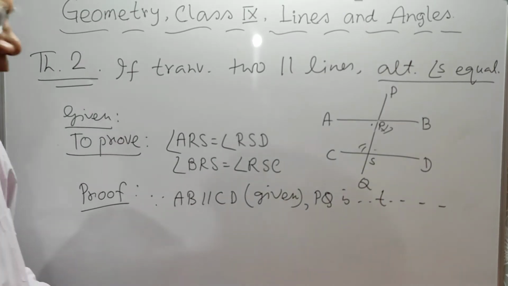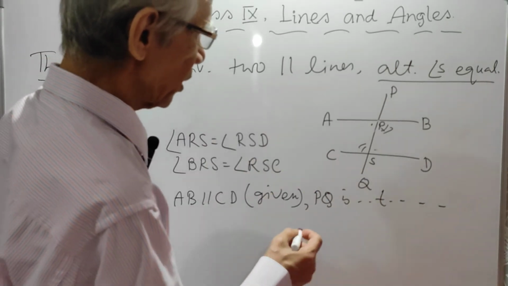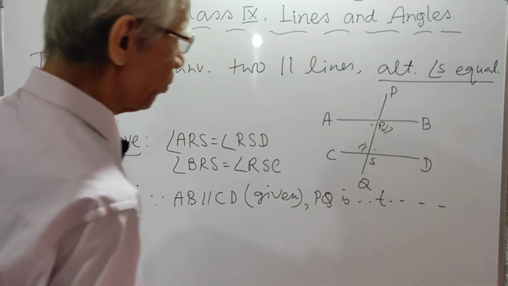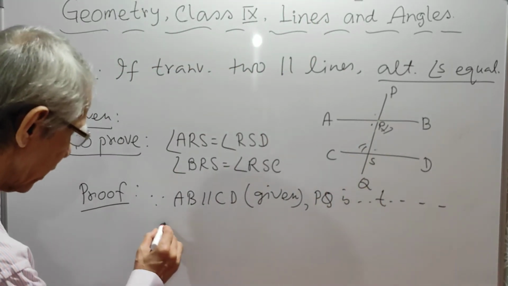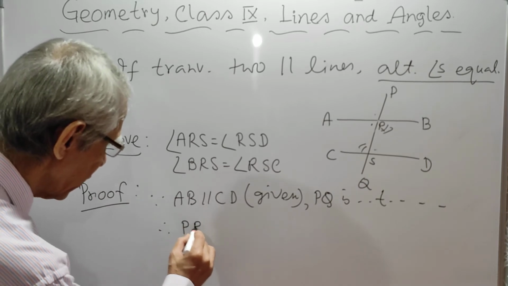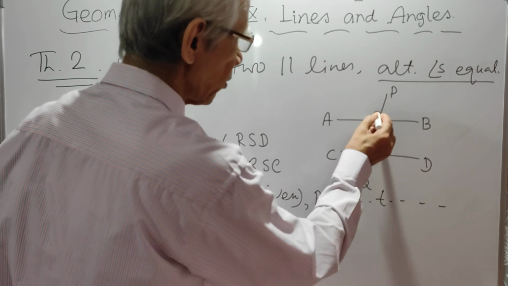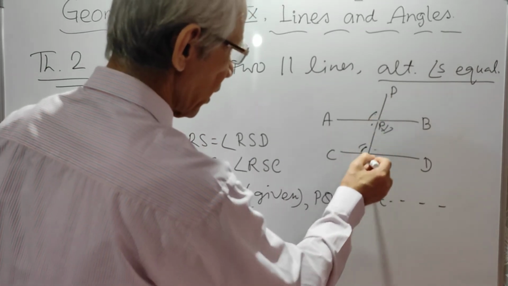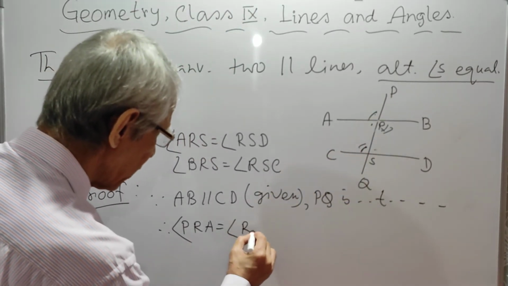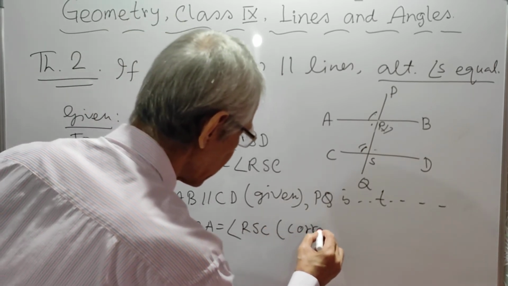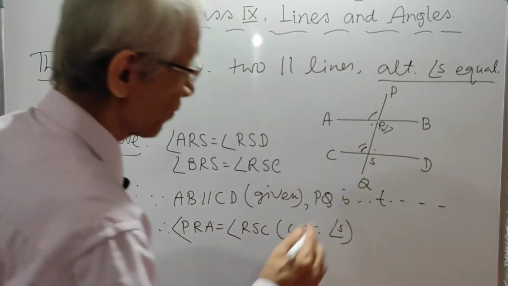All right. Therefore, using axiom 3, what is equal? This angle is equal to this angle. That means PRA equal to RSC. So what reason will you give? They are corresponding angles.